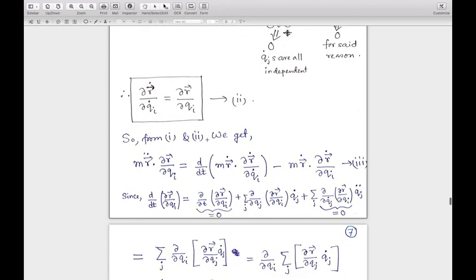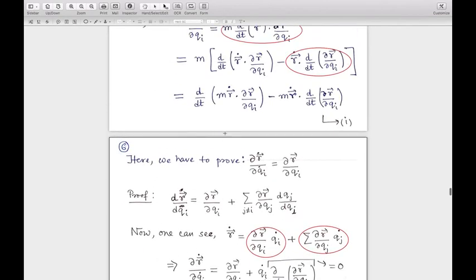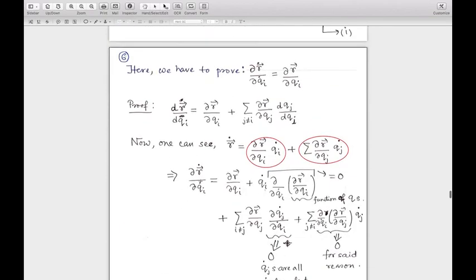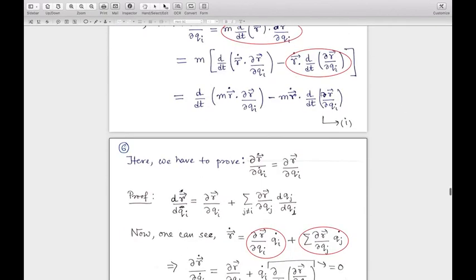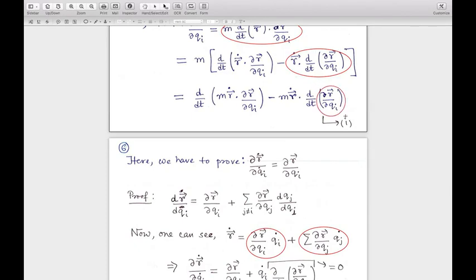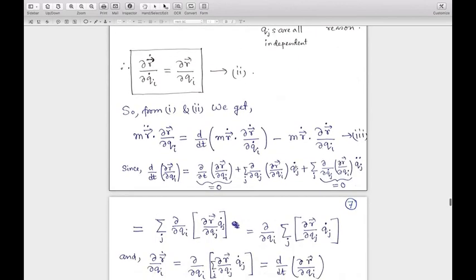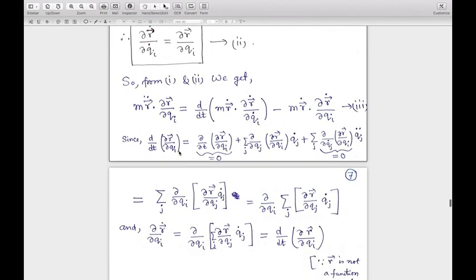Now from 1 and 2, so that was 1, and 2 was this, you can simply replace this one by ∂ṙ/∂q̇i, this one by ∂ṙ/∂qi, and you will have this expression, which is equal to m r̈ · ∂r/∂qi. Once you have this, we will do another small proof, by using which we finally have something interesting.